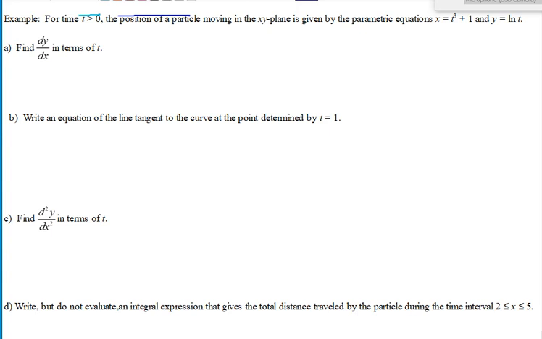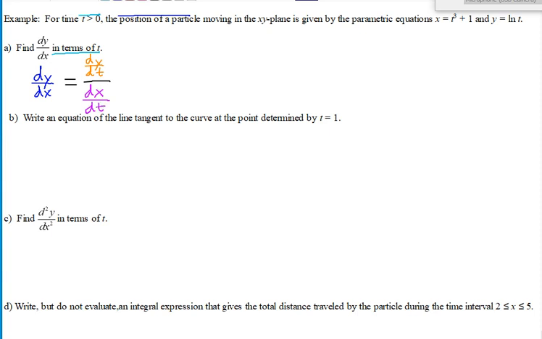You want to find dy/dx in terms of t, so we're not plugging in a specific time. Remember the form we saw: the derivative dy/dx is equal to dy/dt divided by dx/dt, since y is on the numerator. So we need to find both of those.